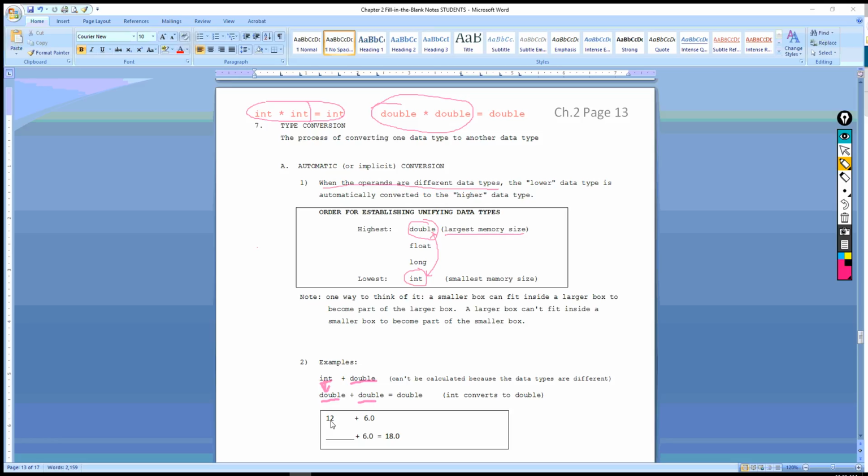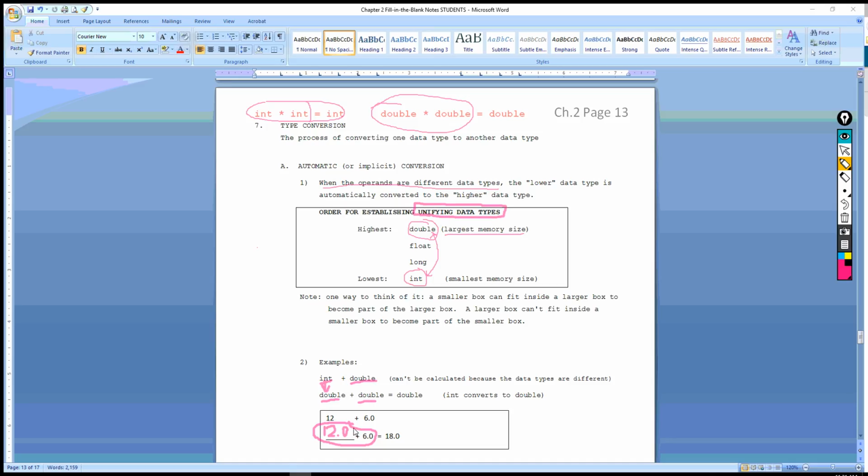Here's an example: 12 technically converts to 12.0 because it's trying to add a double to the int. The int has to become a double so they have the same data type. That's why it's called unifying data types. They have to become unified.